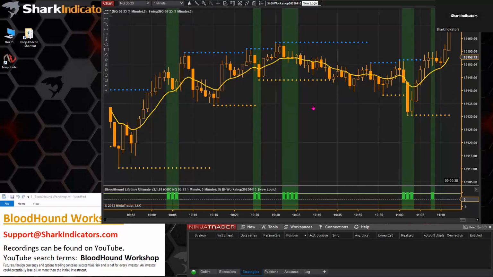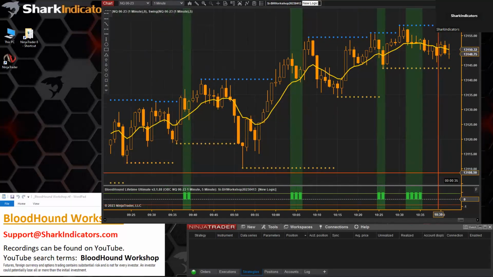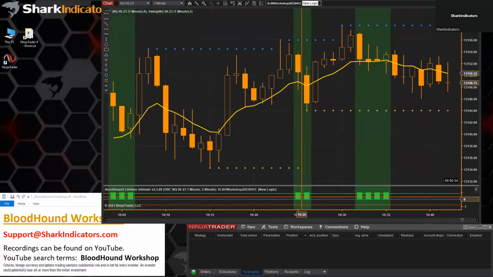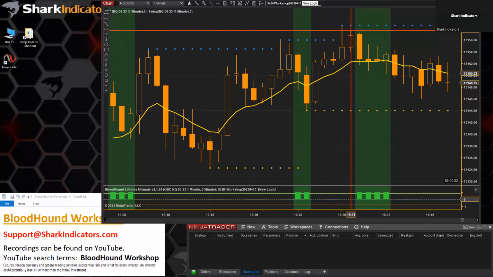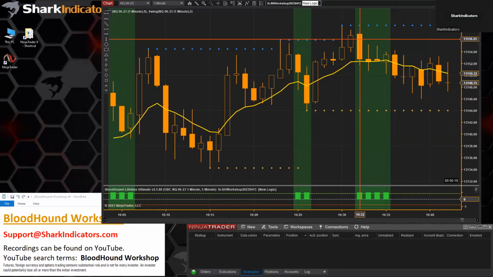Here's probably a better looking example, right? Break of the swing high. And then we get, yeah, so we actually had an up bar. And then we had a down bar that started the smooth pullback there.